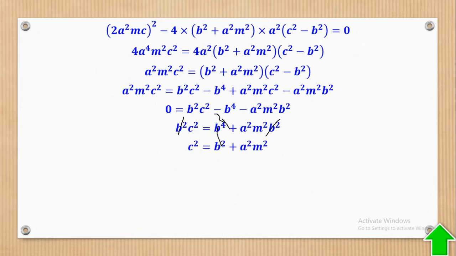That's why you see b squared there. And basically that is the condition for tangency. And this m is called the gradient of the tangent, because the tangent was y equal to mx plus c. So this is the gradient of the tangent, and this is the y-intercept.